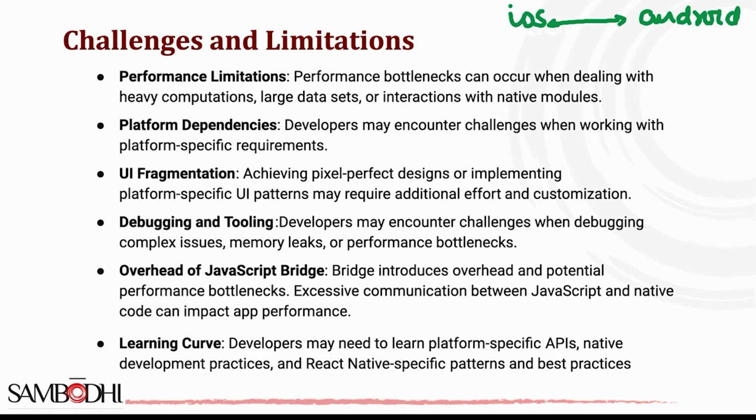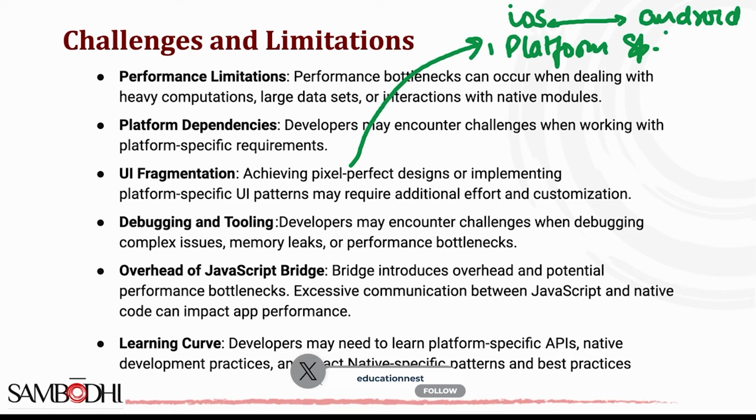While React Native aims to provide a unified development experience for cross-platform mobile applications, differences in platform design guidelines and native components and device capabilities can lead to UI fragmentation. Some factors, if we talk about UI fragmentations, first is platform specific guidelines.